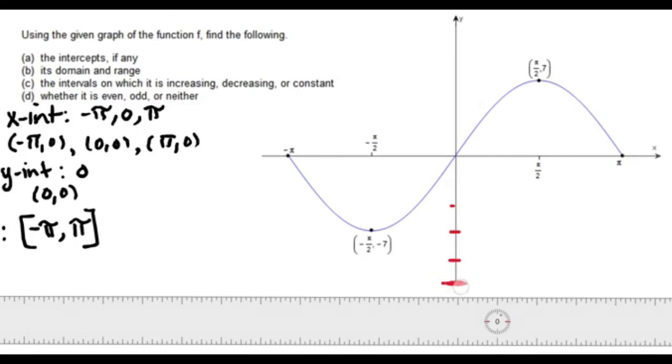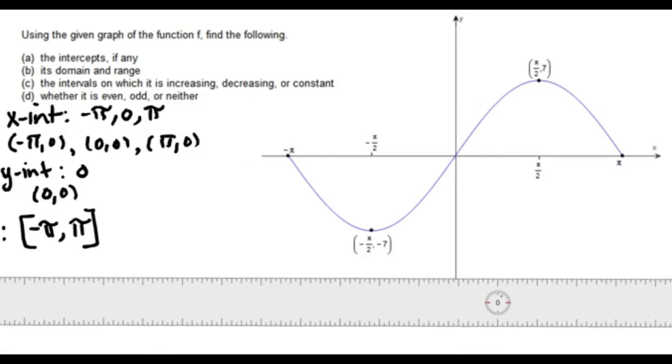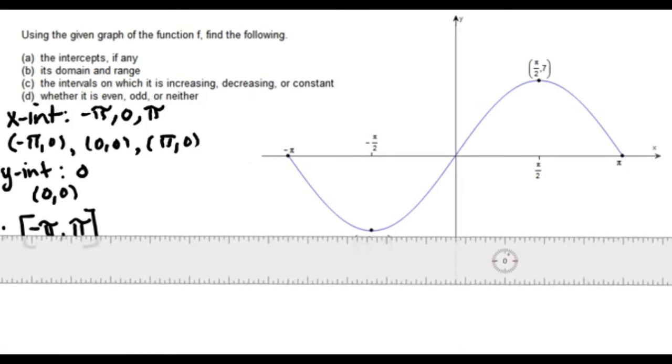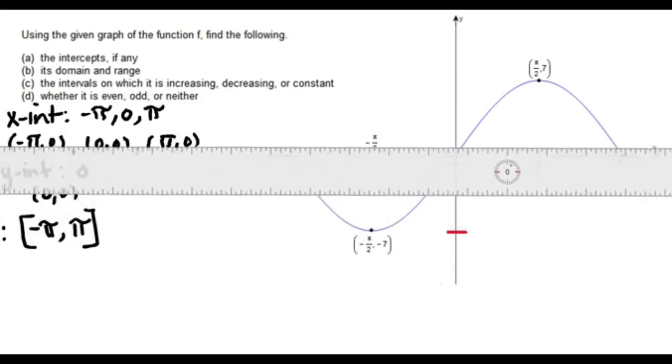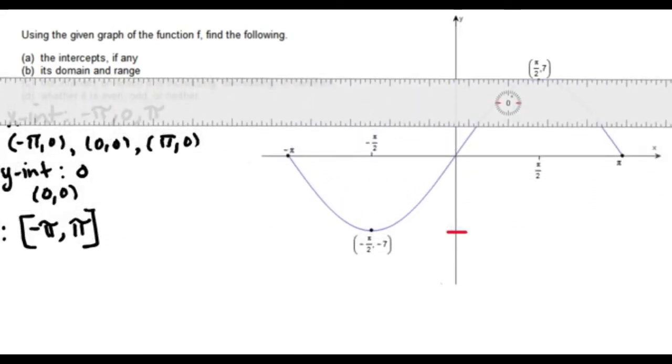As we go from bottom to top, we're going to mark off the first time that my ruler hits the graph. So this is the first time it hits the graph. And then I'm going to mark off the last time it hits the graph, which is right here.